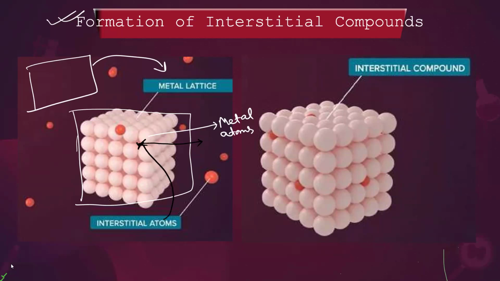Not saying atom, interstitial site. You can see this is metal, this is metal, this is metal, this is metal, this gap is your interstitial site. The interstitial site is very small in size.